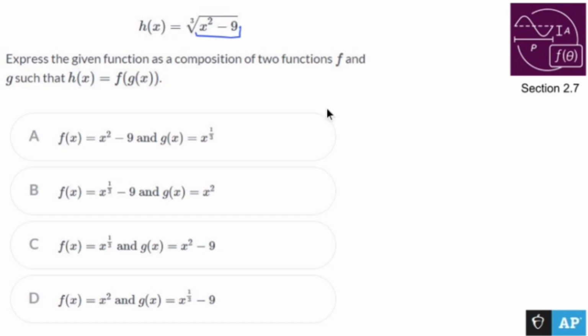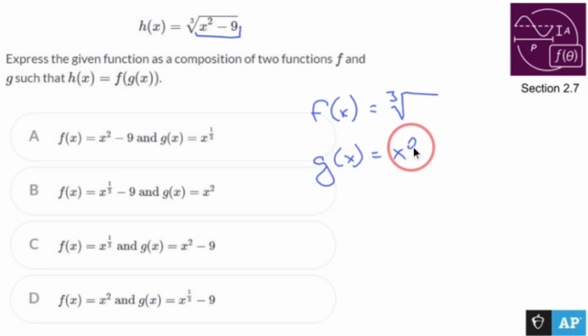So I view f as the cube root of stuff, and g as the stuff living inside it, which is x squared minus 9. I have to put x in there. Can't forget that. They don't want me to write it out as the cube root. They want me to write it with a 1/3 as an exponent. So C seems to be the one. So don't overthink this. It's just a function within a function.